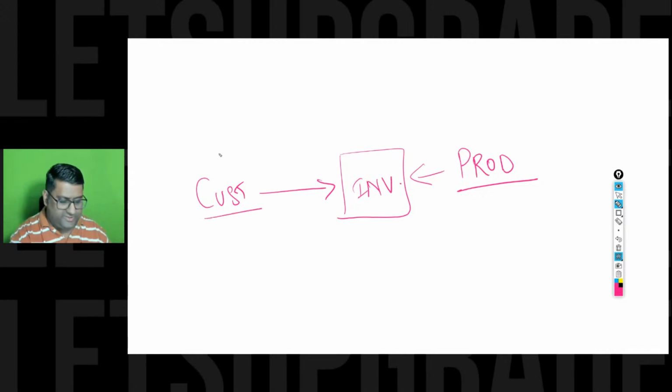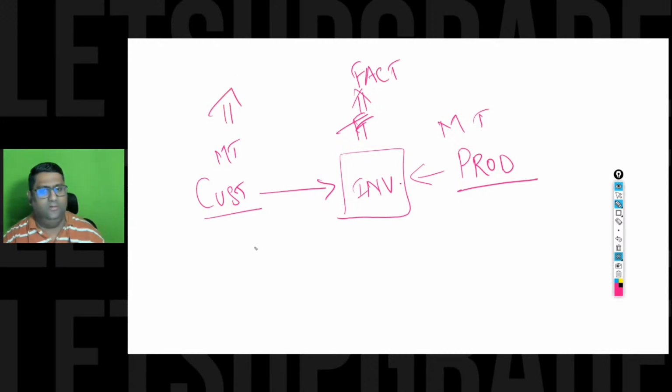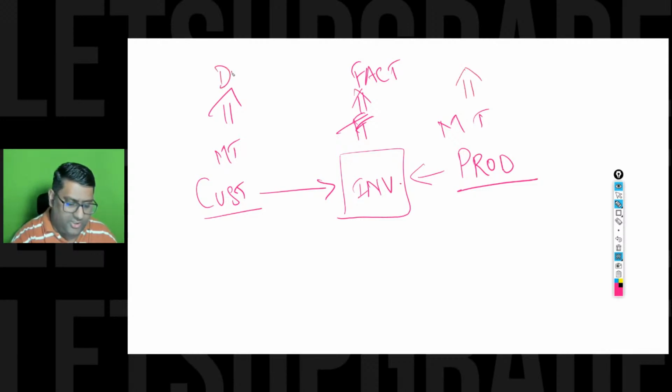So I've got two master tables and one fact table, or sorry, a transaction table. Transaction tables are also referred to as fact tables, and master tables are also referred to as dimension tables.